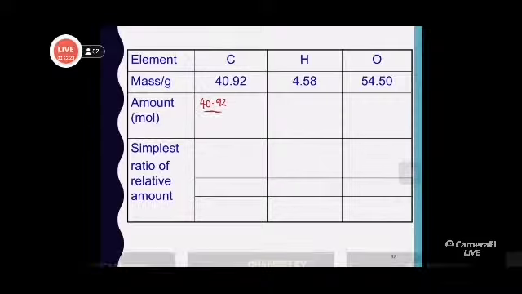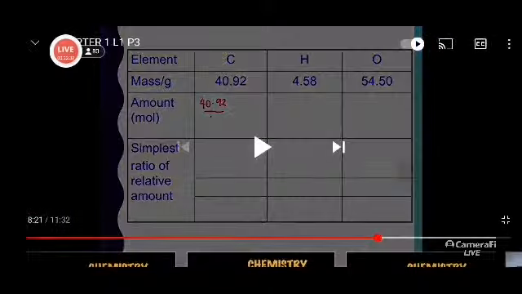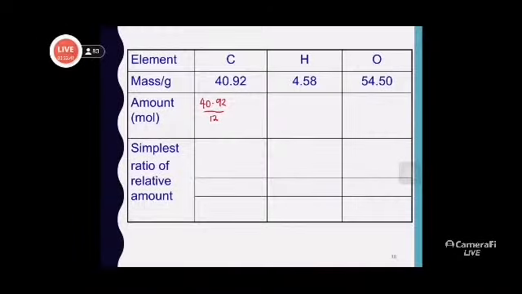So 40.92. So macam I cakap tadi, tolong hati-hati. Untuk calculate the mole ni, pastikan you pergi ambil dia punya gram per mole tu, dia punya molar mass tu. Okey, dia berapa tu? Divide with 12, which is the molar mass of carbon. So you will get 3.41 per mole.